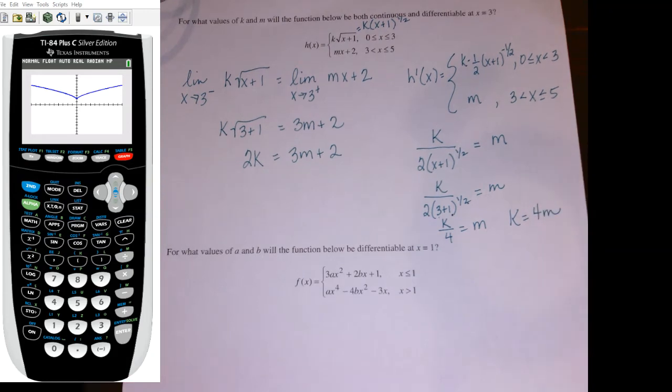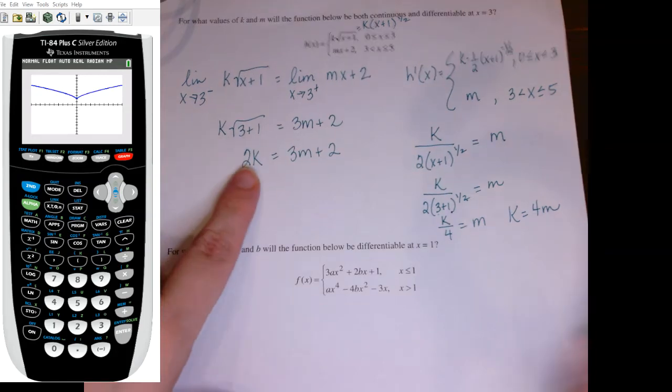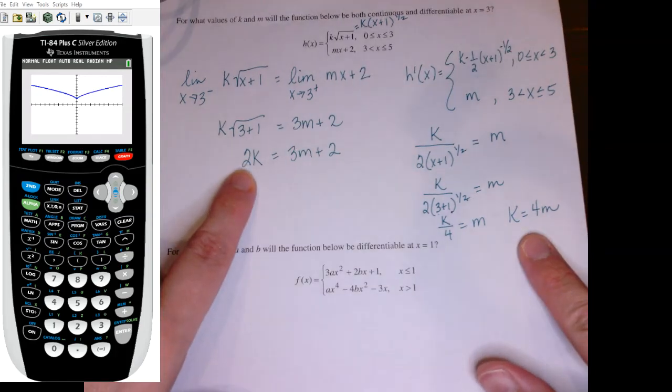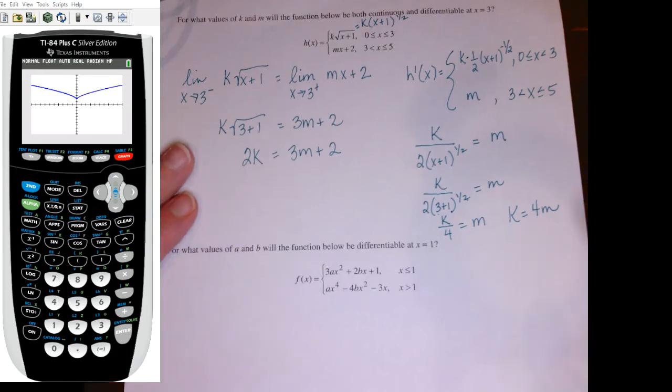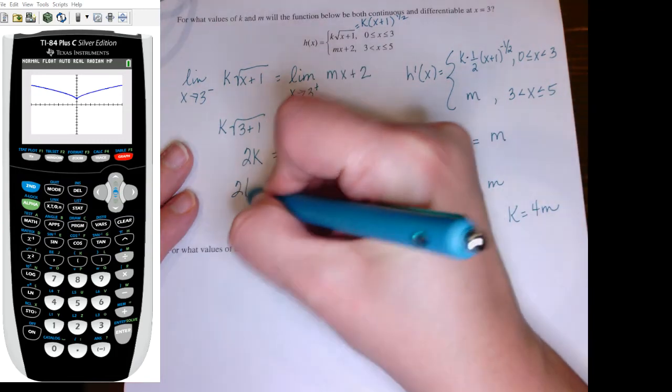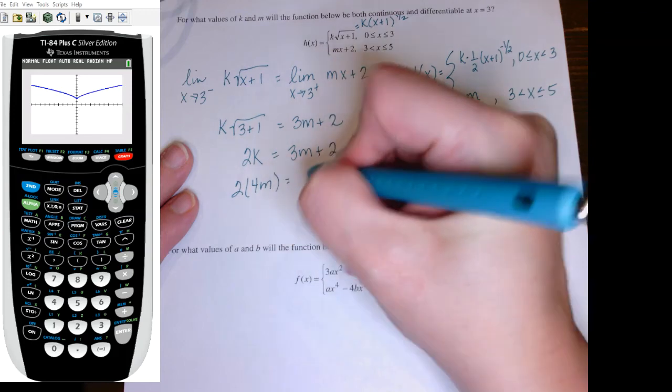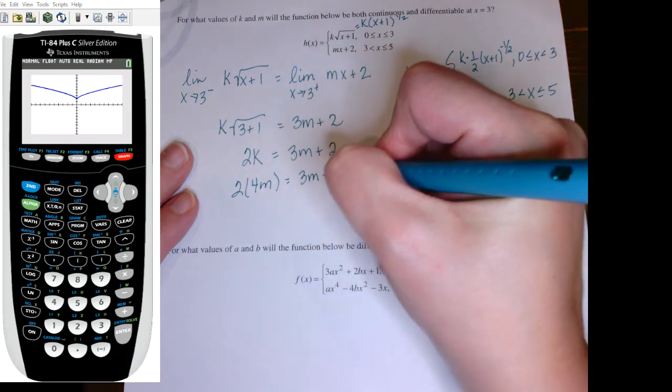Now, you may be saying, well, that didn't tell me anything. It actually did, because I want you to see you now have two equations with two variables. When you have two equations with two variables, you can use substitution or elimination. I'm going to substitute 4m for k, and I'm going to solve.